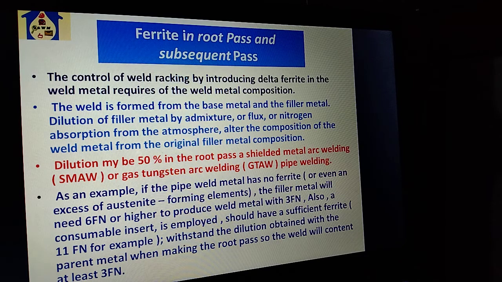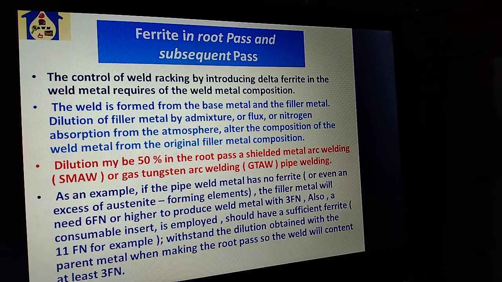Dilution may be 50% in the root pass of shielded metal arc welding, SMAW, or gas tungsten arc welding, GTAW, pipe welding. As an example, if the pipe weld metal has no ferrite or even an excess of austenite forming elements, the filler metal will need 6 Fn or higher to produce weld metal with 3 Fn.